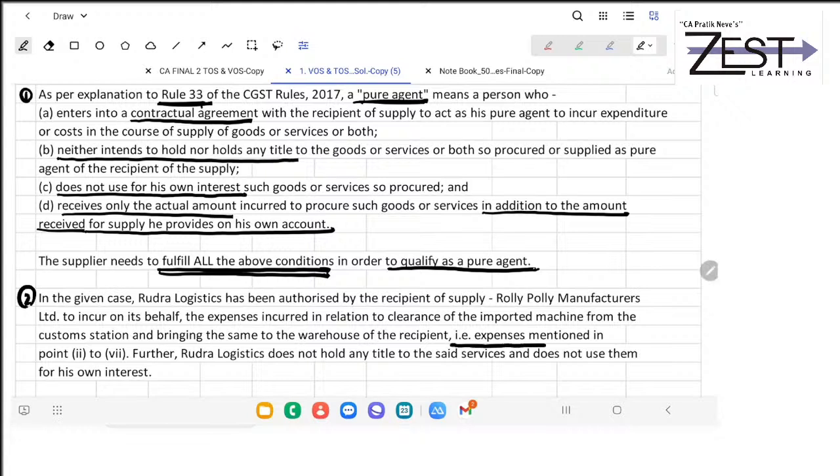That is the expenses mentioned in points 2 to 7. Further, Rudra Logistics does not hold any title to the said services and does not use them for its own interest.